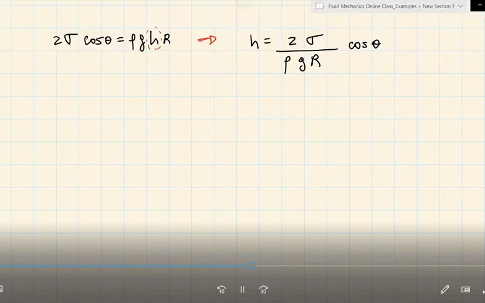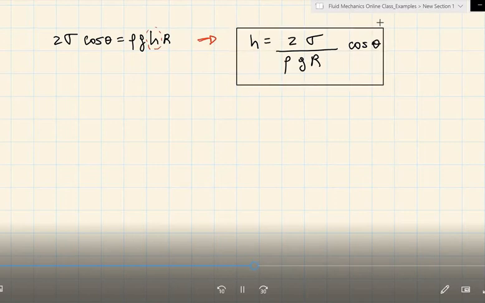And let's box this equation. This is our surface tension equation to compute the height of the column that is moving up or down depending on the fluid. So this is the surface tension equation that we're going to use to solve our queries.